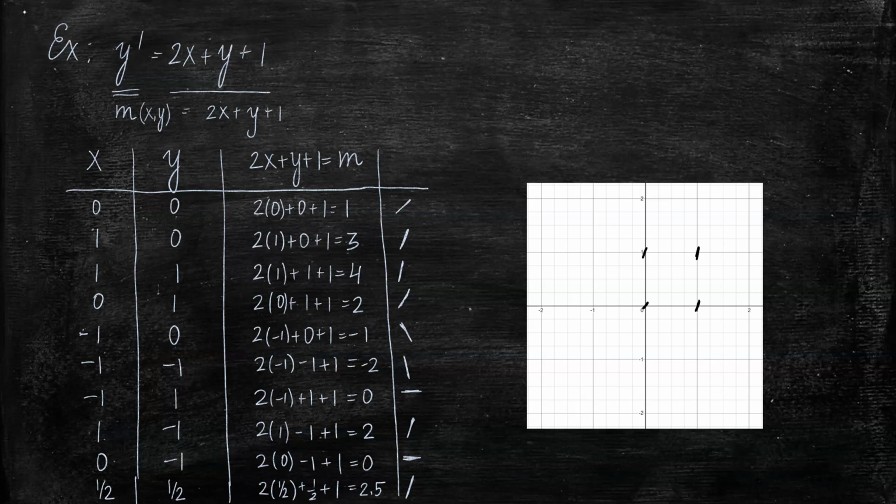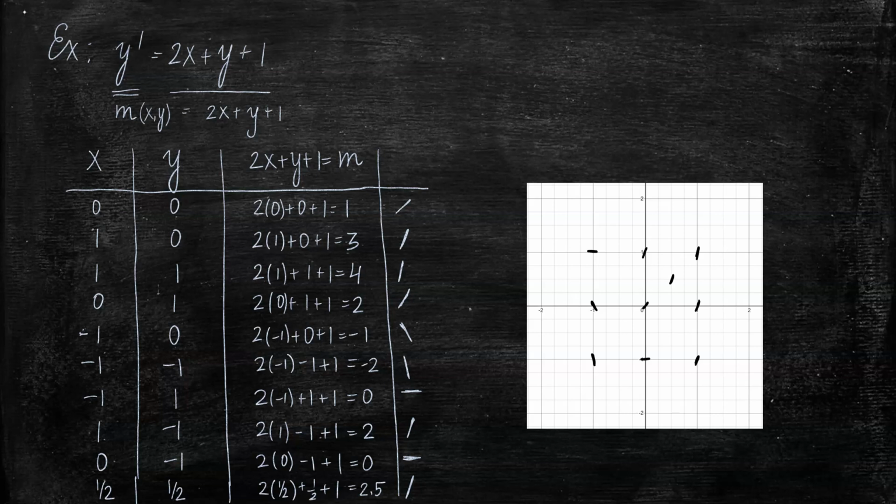At negative 1, 0, slope is negative 1. At negative 1, negative 1, the slope is negative 2. At negative 1, 1, the slope is 0. At 1, negative 1, the slope is 2. At 0, negative 1, again, the slope is 0. And at 1/2, 1/2, the slope is 2.5, so it's something like this.